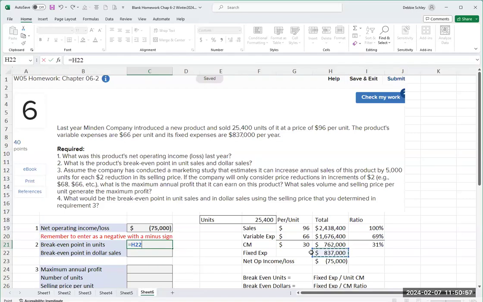So they want it in units. So I will then divide this by the contribution margin per unit. And that gives me the break-even point in units. Then they also want it in dollar sales. So that will equal the fixed expense divided by the contribution margin ratio because they want it in dollars.